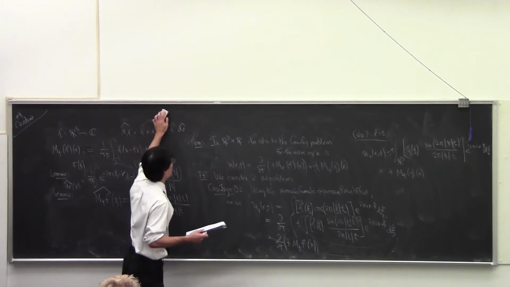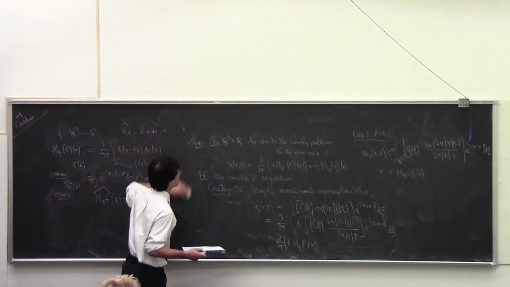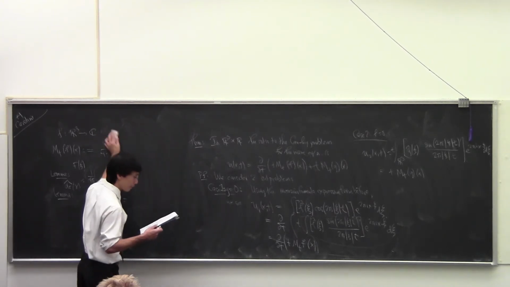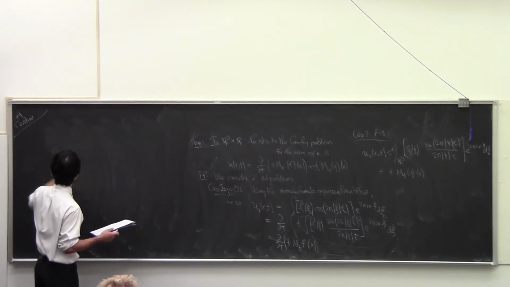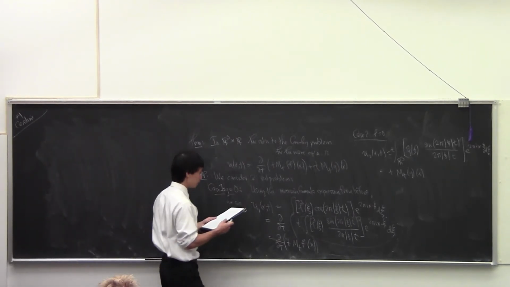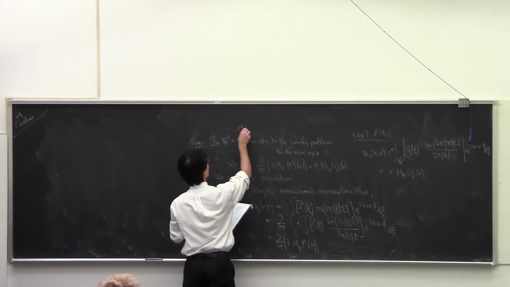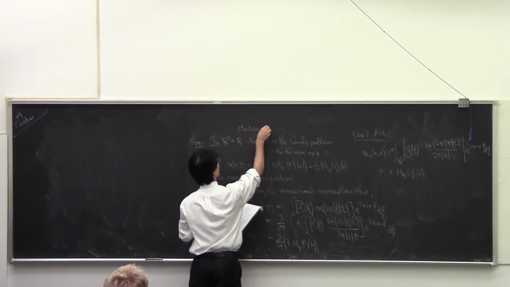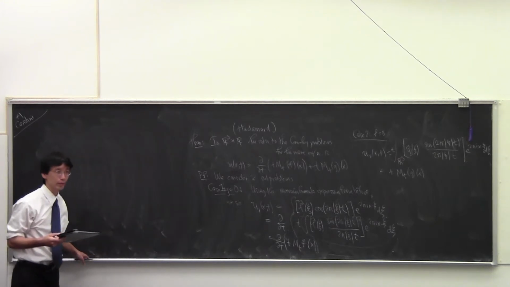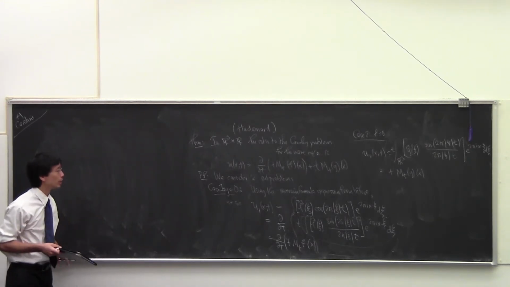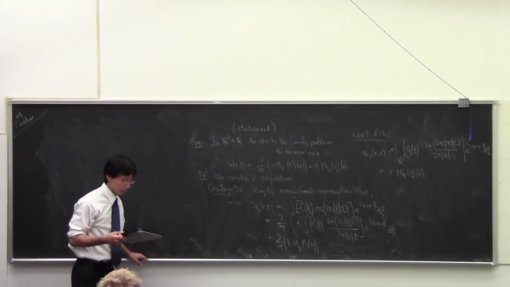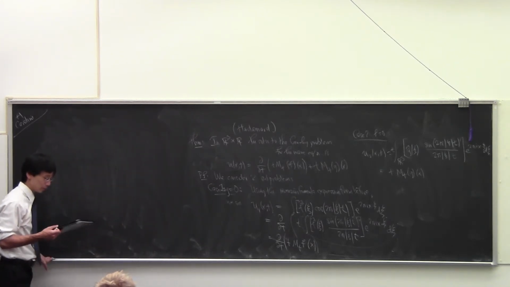Okay, so that is the solution. That is the formula solution in R3, and it's apparently due to Hadamard. The spherical averaging operator is defined by Hadamard, and I think he's responsible for this solution as well.